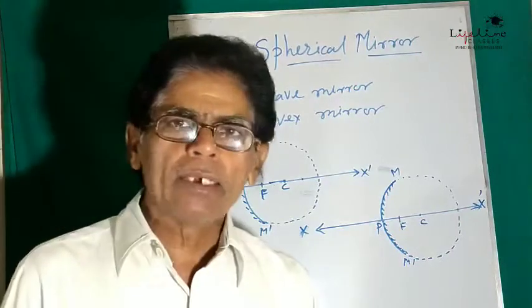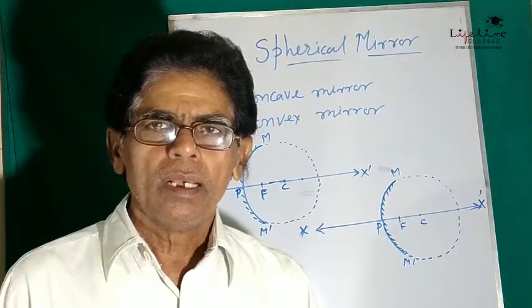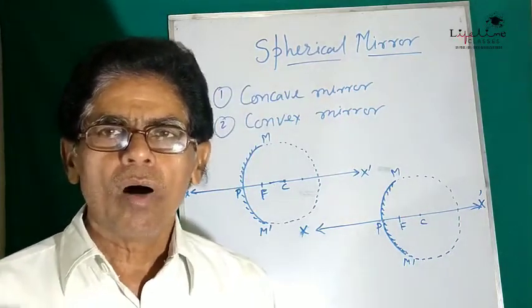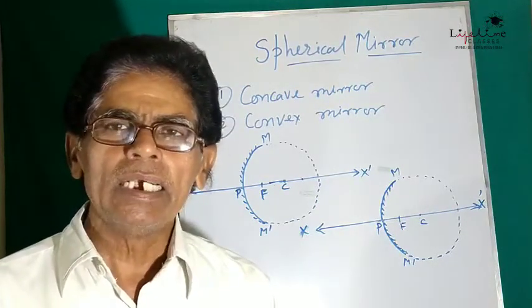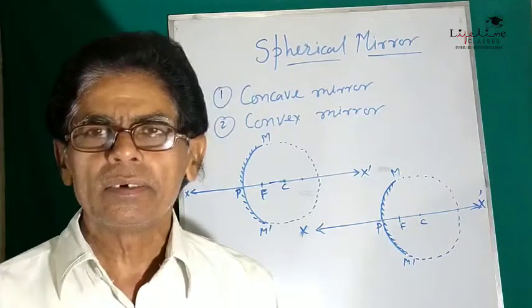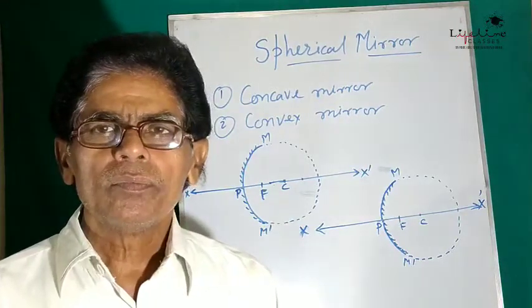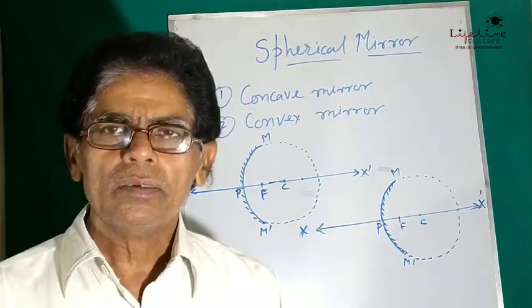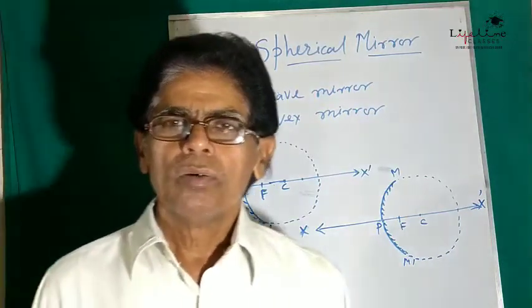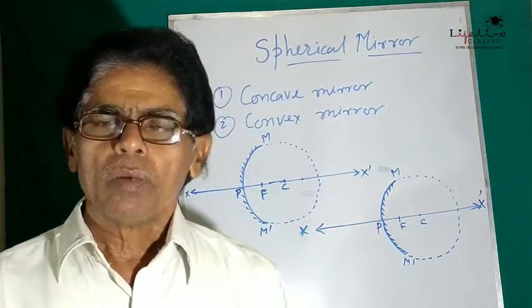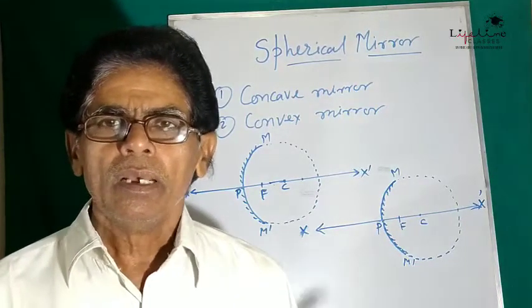Whatever be the reflecting surface, there is a central point, and this central point of the reflecting surface, in case of concave mirror, is the deepmost point, and in convex mirror, it is the outwardly most bulging out point. So, the pole is the central or the midpoint of the reflecting surface simply.